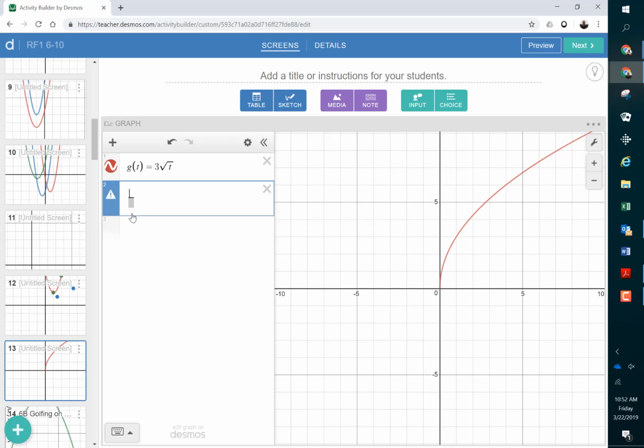And the numerator will be 3 square root x, and then minus 0, because the square root of 0 is 0, and then x is the denominator, or x minus 0. Either way, you're going to get 3 square root of x over x.